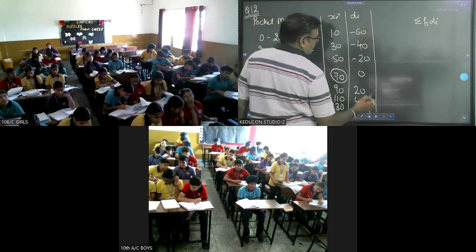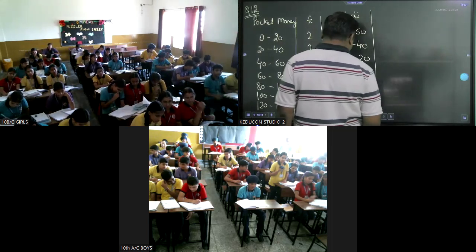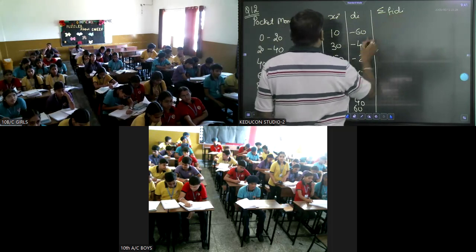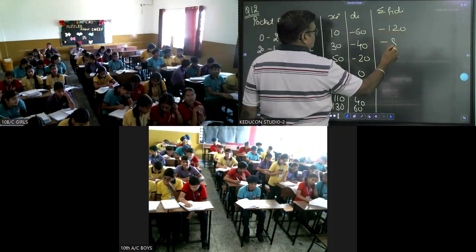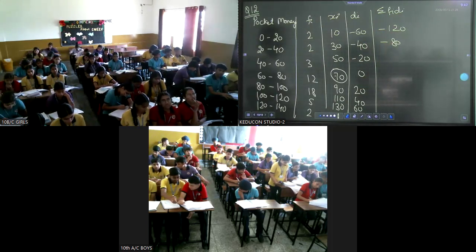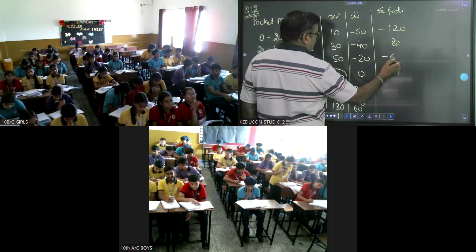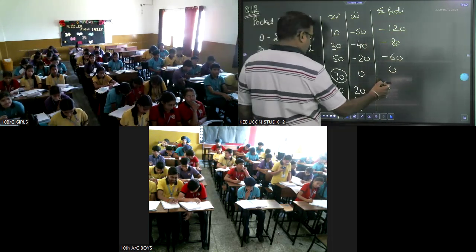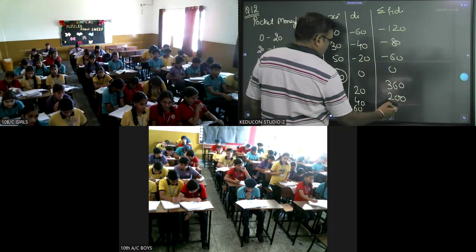What is summation f i d i? Minus 120, then minus 80, minus 60, then 0, 360, 200, 120.